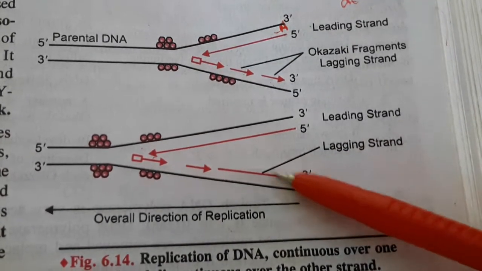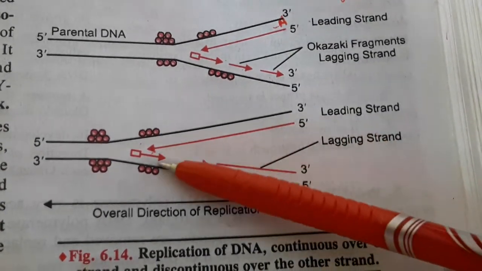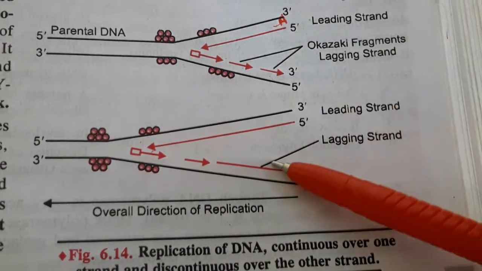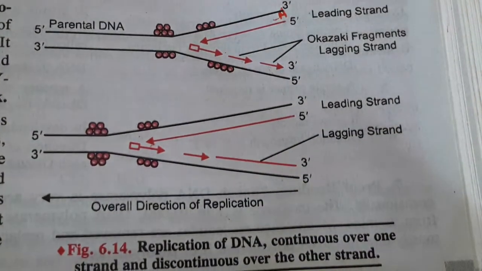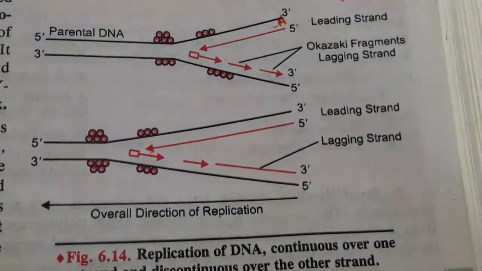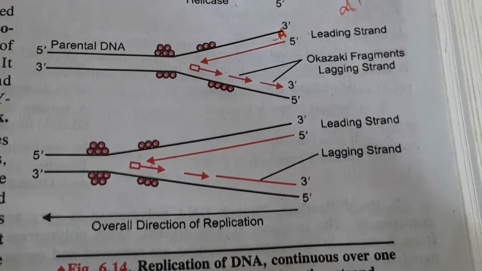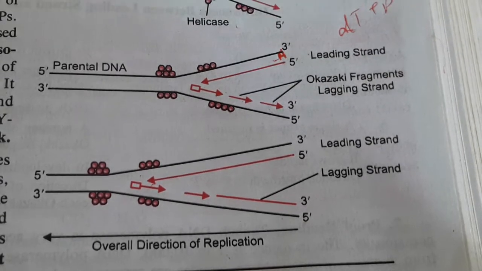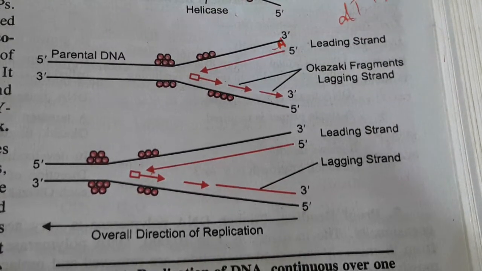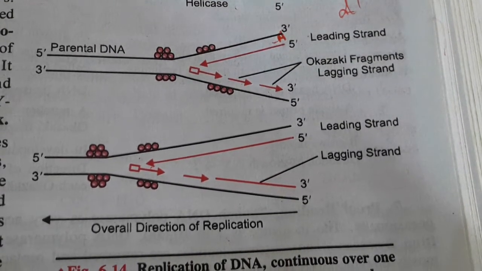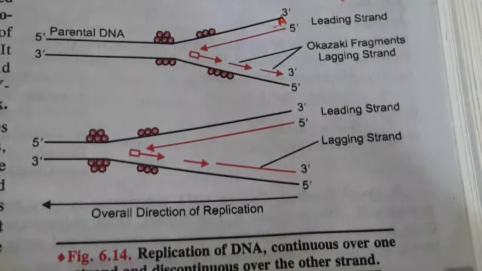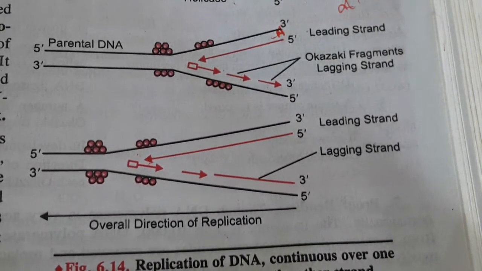So we find two strands: the one without any breakage is called the leading strand, and the other is called the lagging strand. After the synthesis, it is necessary to do proofreading. DNA polymerase very accurately inserts the nucleotides, but sometimes some mismatched nucleotides occur here and there.